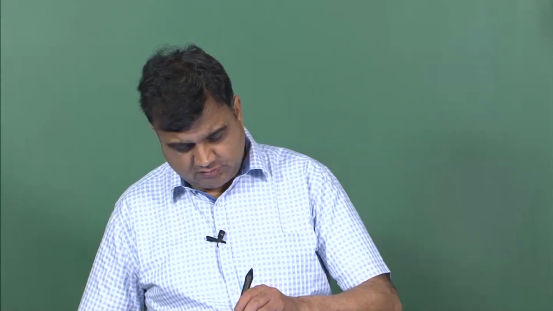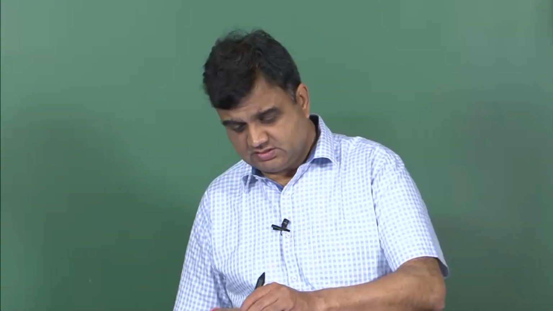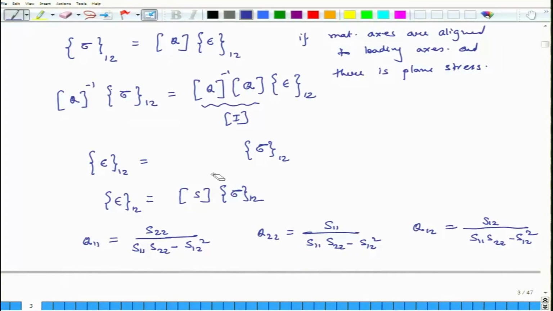So, this should not be there, right. So, there is an error. So, epsilon 12 is equal to Q inverse times sigma 12.